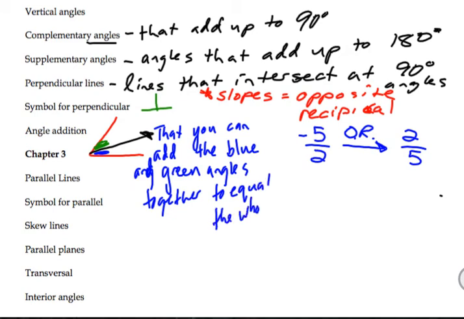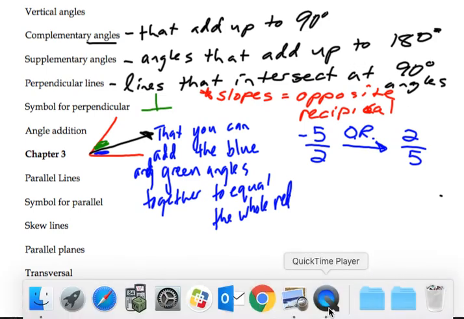So they want you to know that you can add the 2 smaller together, and that'll equal the bigger angle there. Alright, thanks for listening. That's chapter 1.